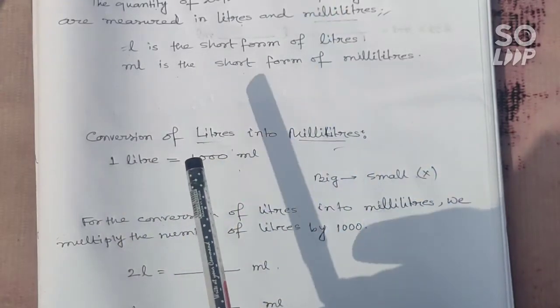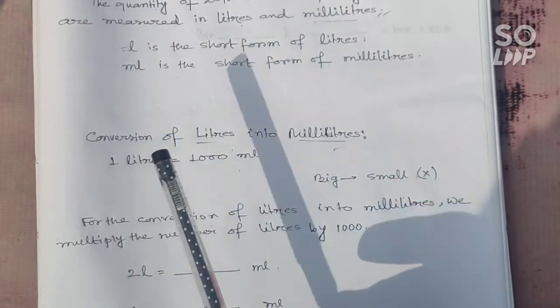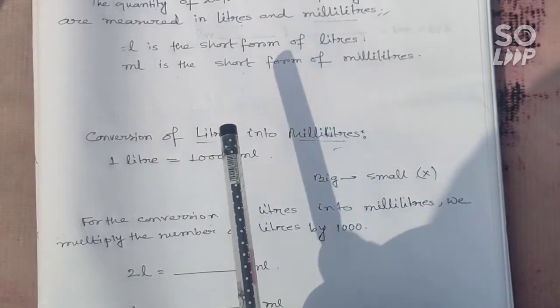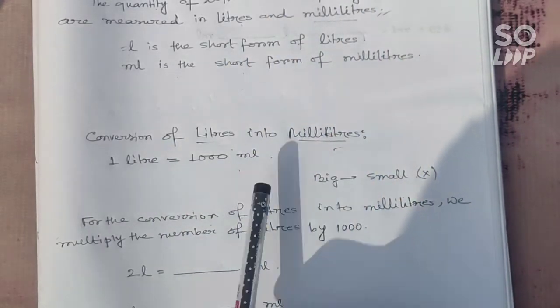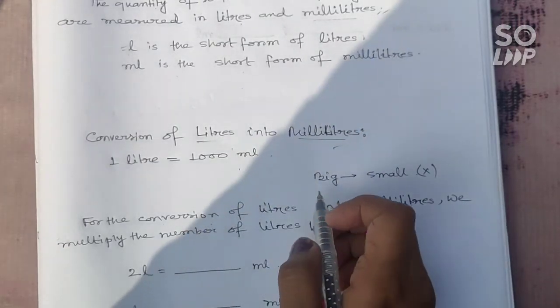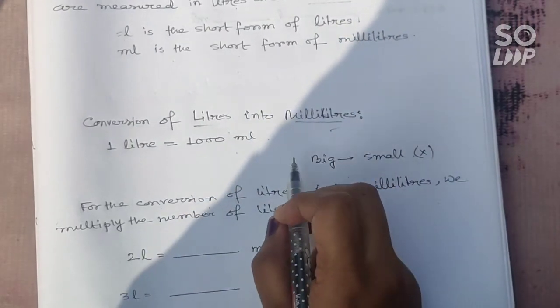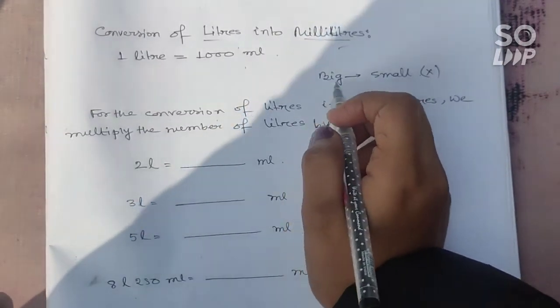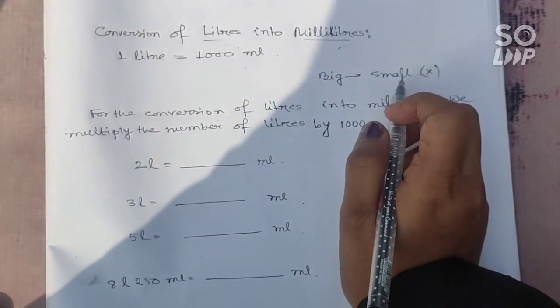So for converting liters into milliliters, that means we have to convert the bigger unit into the smaller unit. And you know that to convert bigger into smaller, we need to multiply.